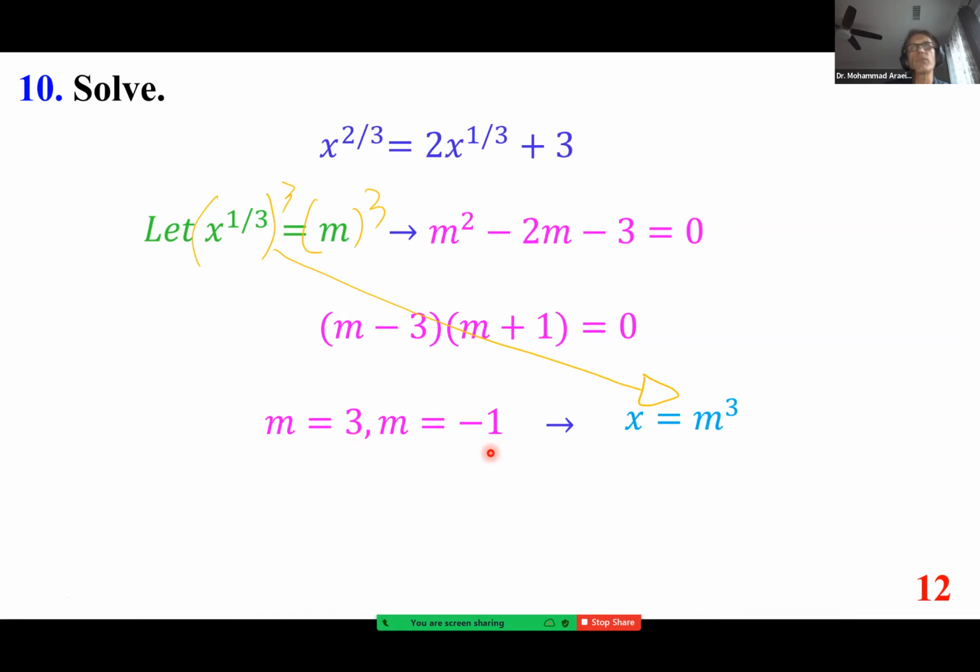That's one answer. -1 cubed is -1. That's the second answer. And as always, check. Put 27. X to the power of 2/3 means 27 to the power of 2/3 equals 2 times 27 to the power of 1/3 plus 3. Check it out. And do the same thing with -1. This has to be checked.